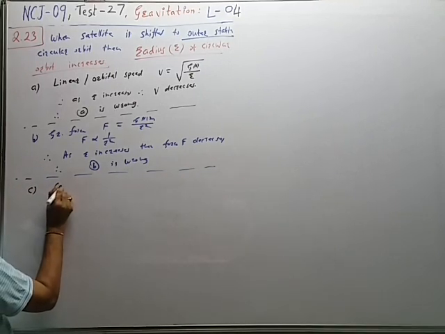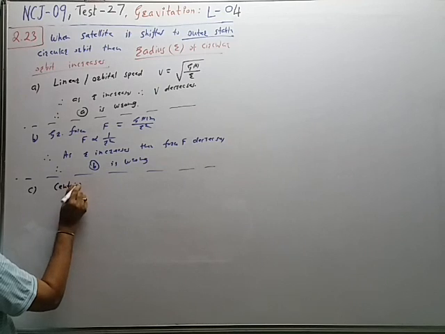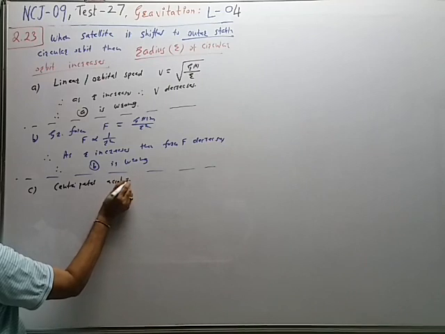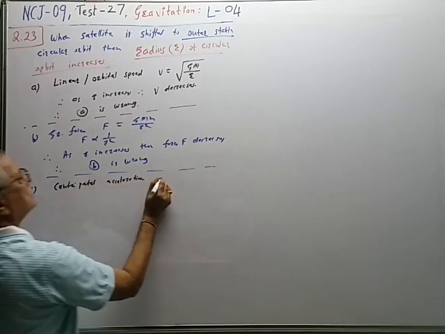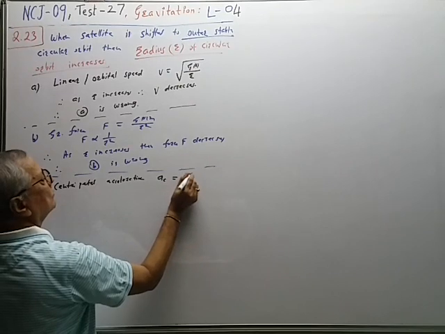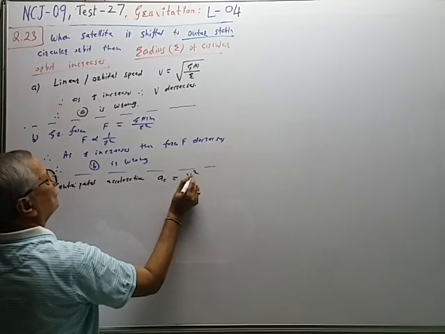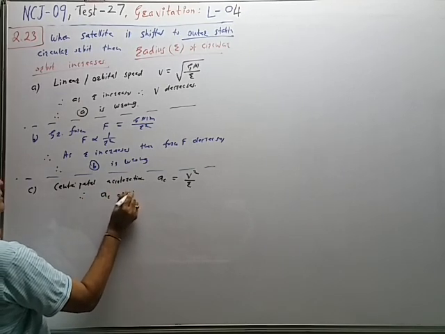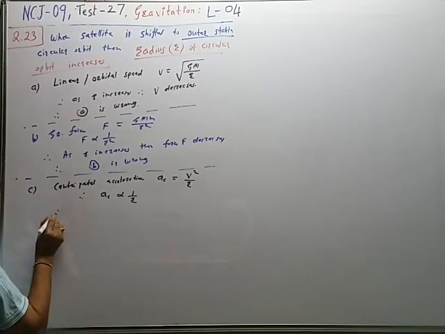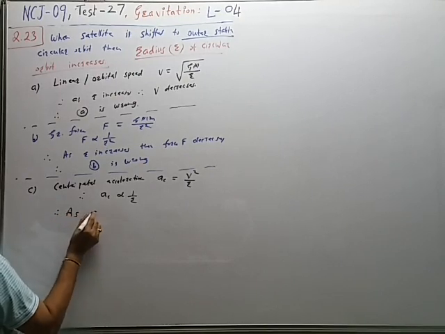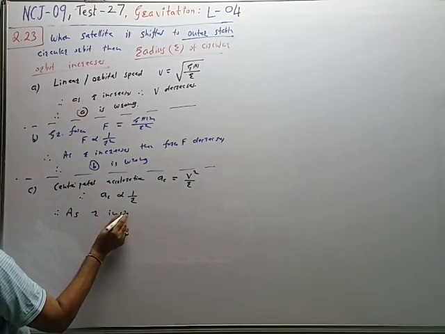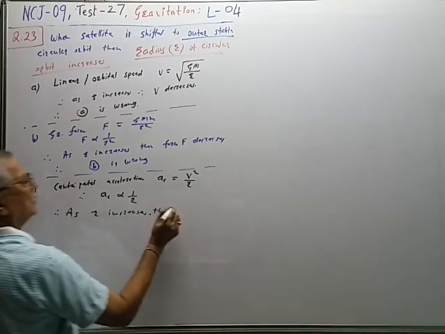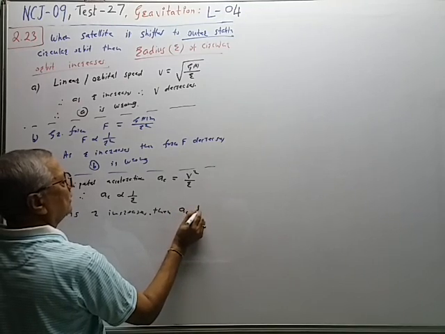C. Centripetal acceleration AC is equal to V square upon R. Therefore, AC is inversely proportional to R. Therefore, as R increases, AC decreases.